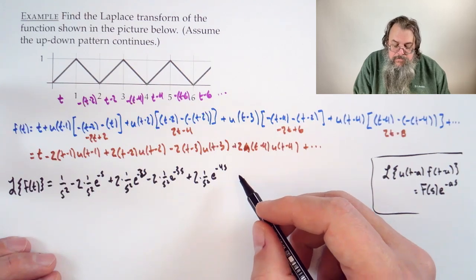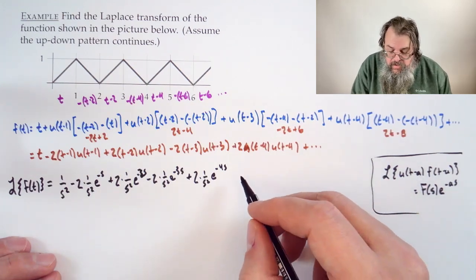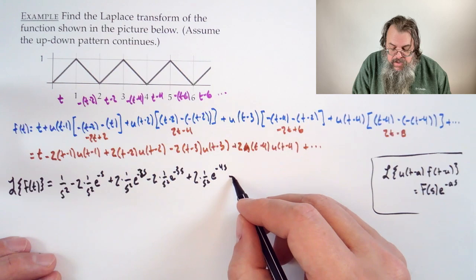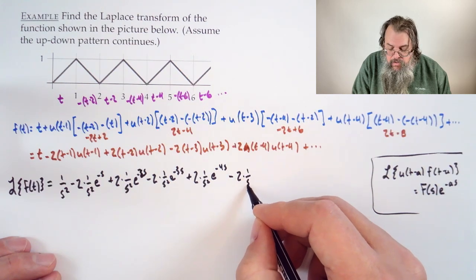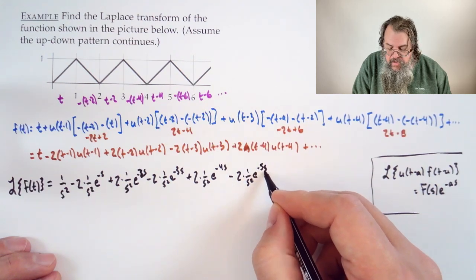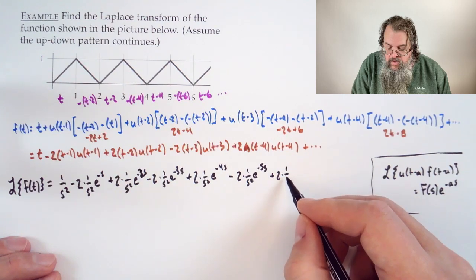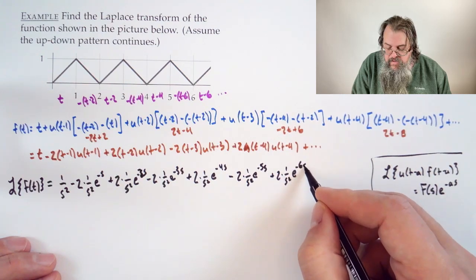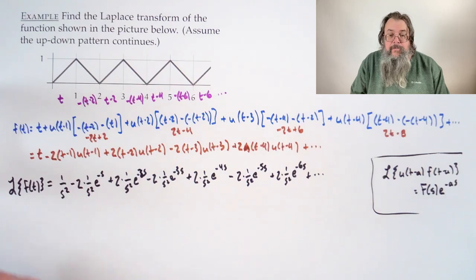And in fact, we can keep this pattern going, right? We know where it's going to go from here. It's going to be minus 2, 1 over s squared, e to the minus 5s, plus 2, 1 over s squared, e to the minus 6s, and dot, dot, dot.